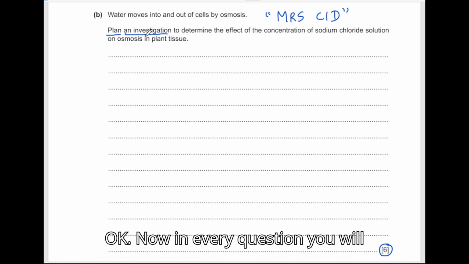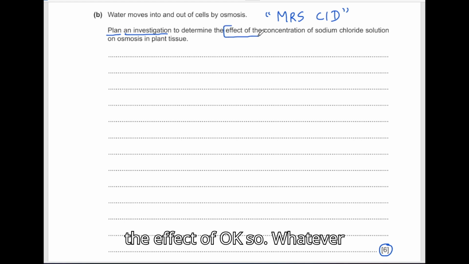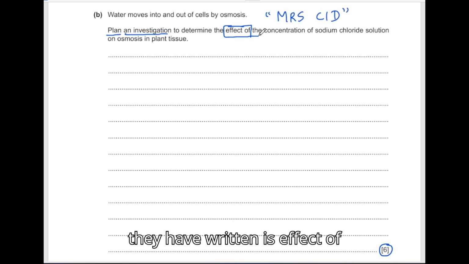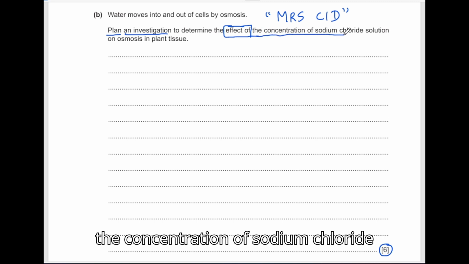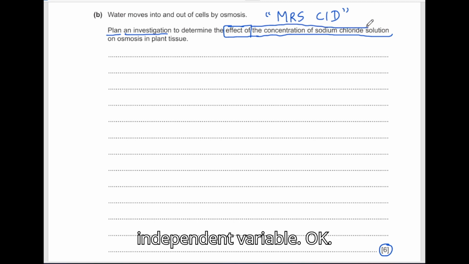In every question, you will always get this part where they say the effect of. Whatever comes after effect of is your independent variable. Here they have written the effect of the concentration of sodium chloride solution. That means this is your independent variable.